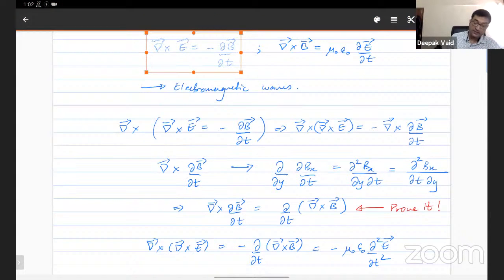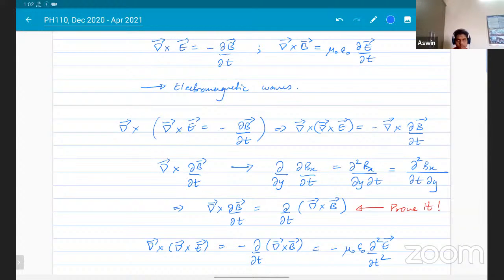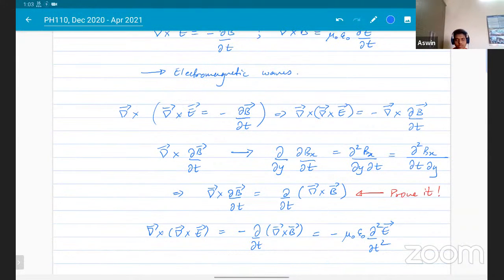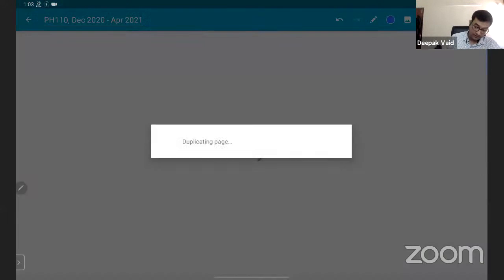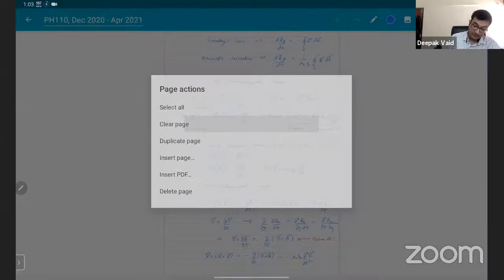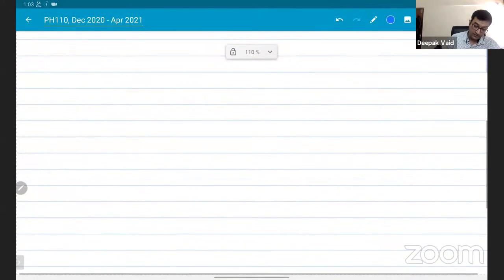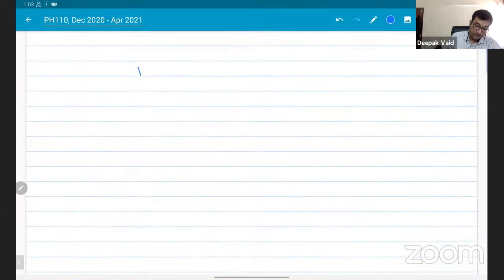I have a minus sign in this. Got it, sir. Right. So now I have an expression with E on the right. I have removed the magnetic field, right? So curl of curl of E is equal to minus mu naught epsilon naught d squared E by dt squared.